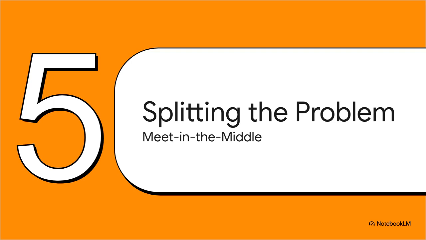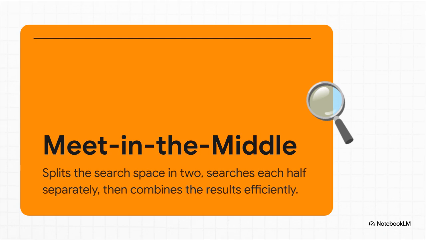But what if we could just make the problem we're searching smaller in the first place? Well, that's the whole idea behind our next technique, meet in the middle. This technique is just amazing for a certain class of problems, like the famous subset sum problem. Instead of doing one massive search on n items, you split them into two smaller groups of n over 2. You do a complete search on the first half and store all the possible results.